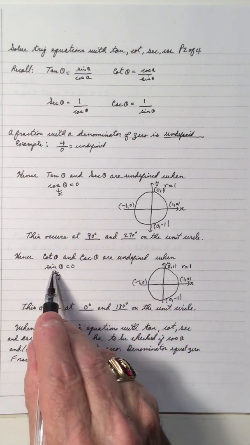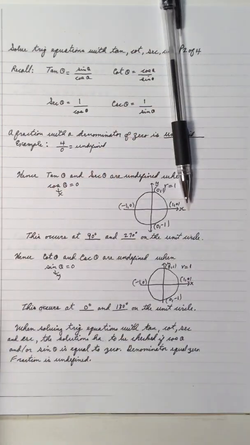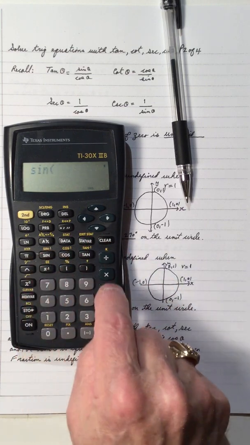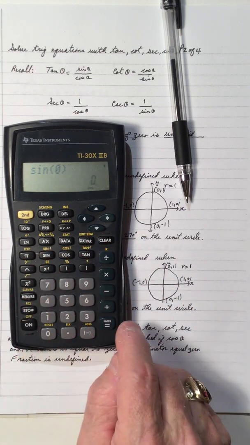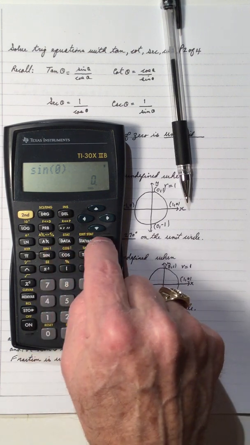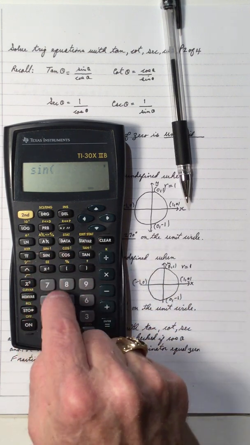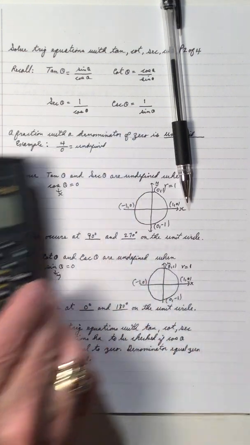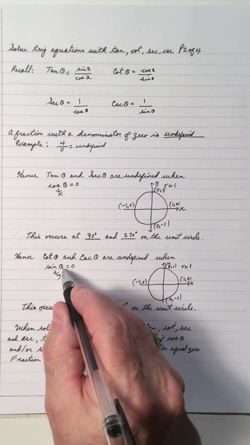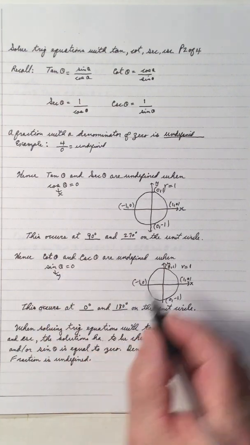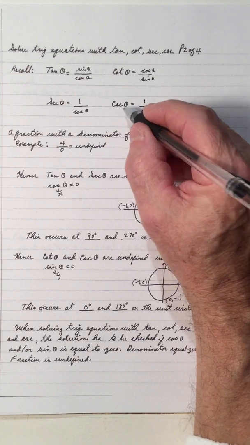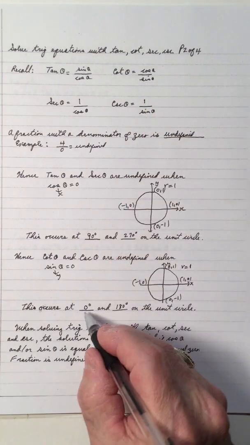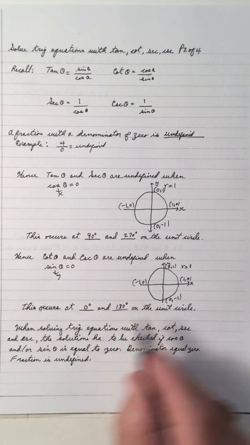So let's check the sine of 0 degrees, we get 0. Let's do the sine of 180 degrees, and we get 0. So when sine is equal to 0, which occurs at 0 and 180, cot and cosecant are undefined.